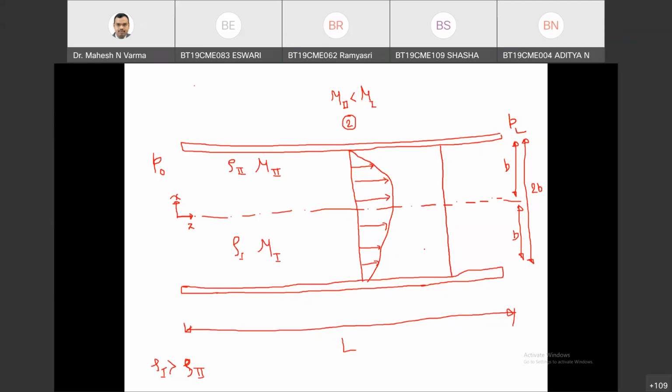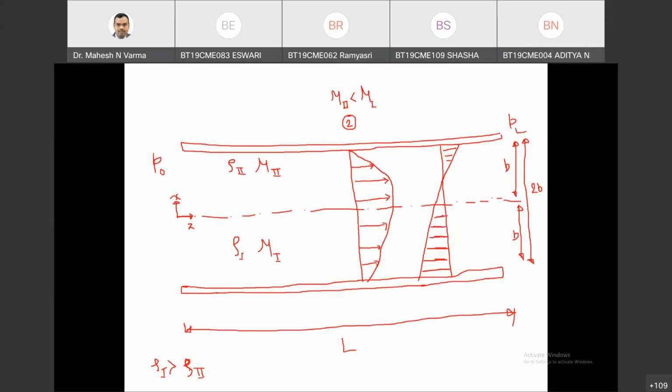Sir, as given, mu1 is greater, so velocity will be lower in the lower region, so it is negative in the lower part and positive in the upper part. Why is it negative in the lower part and positive in the upper part?